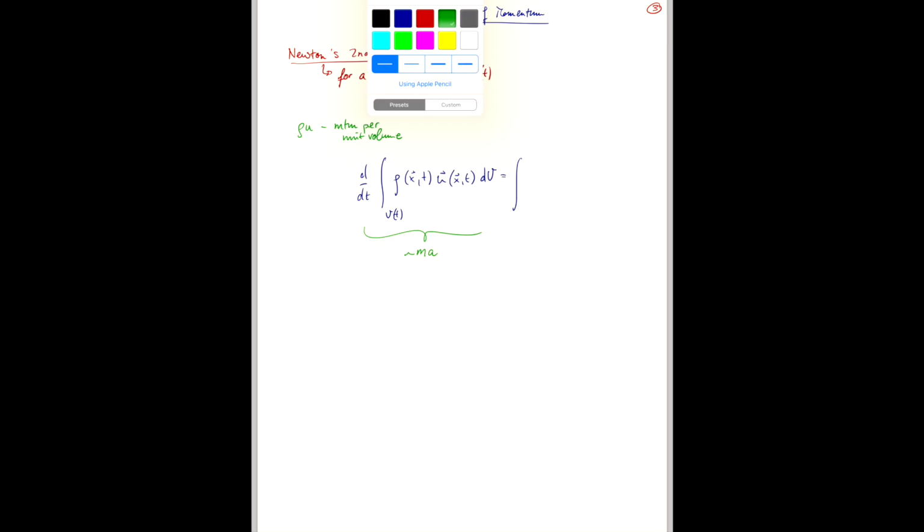So we have force terms on the right here. The first one is a body force term, and since really all the body forces we're considering here is gravity, we just write g.